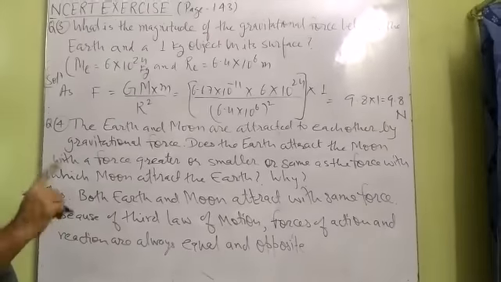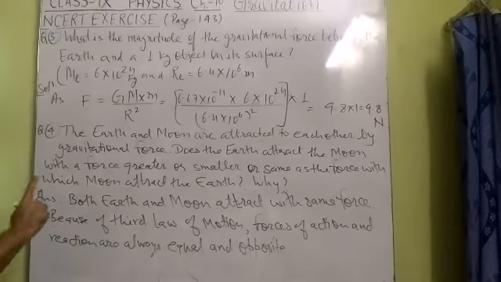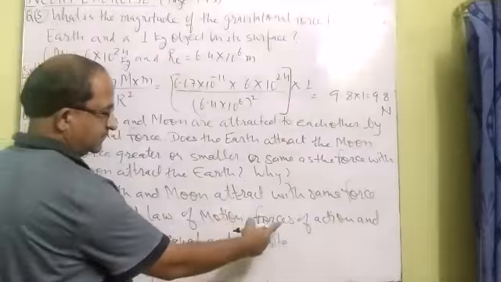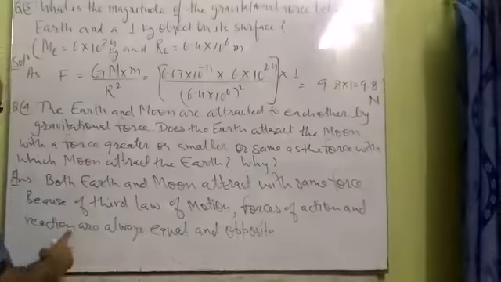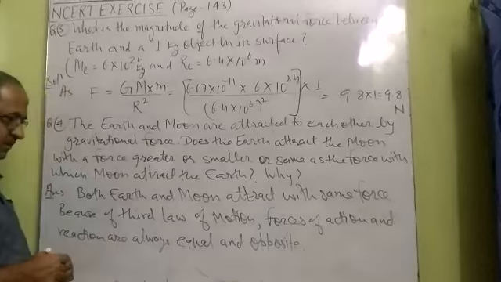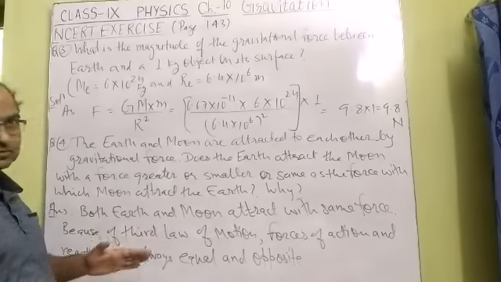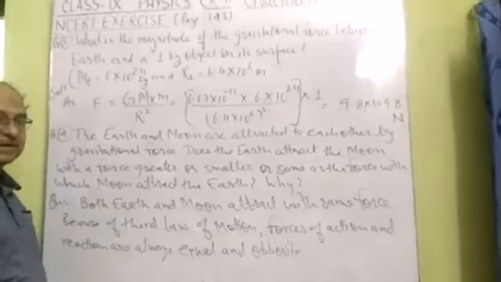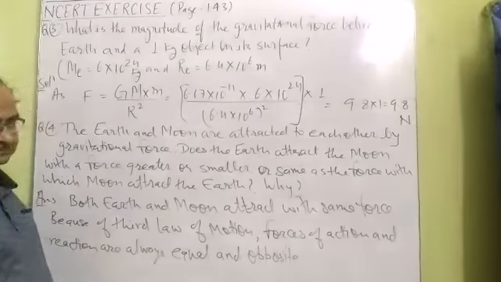The force of attraction applied by the earth on the moon and by the moon on the earth is equal, because in the third law of motion we state that the forces of action and reaction are always equal and opposite. That is why the force of attraction applied by the earth on the moon is equal but opposite to the force applied by the moon on the earth.